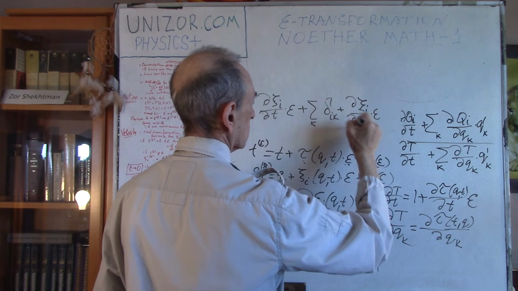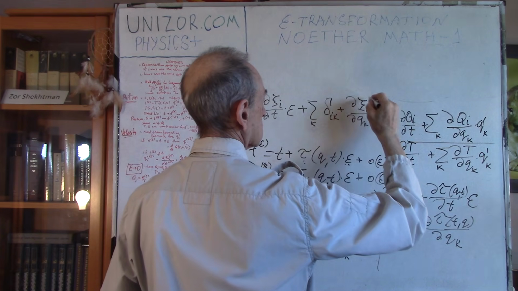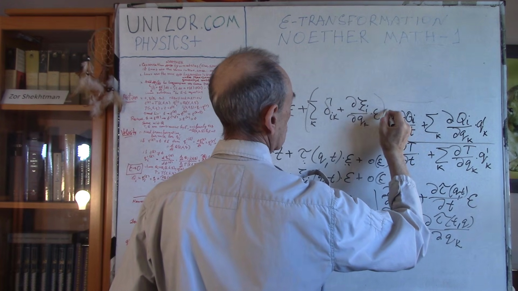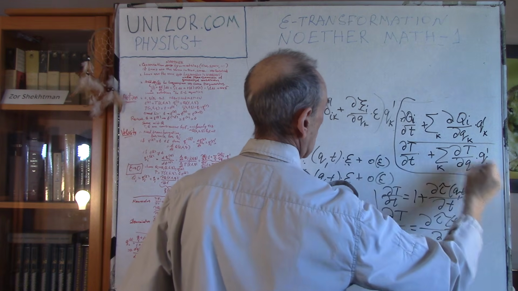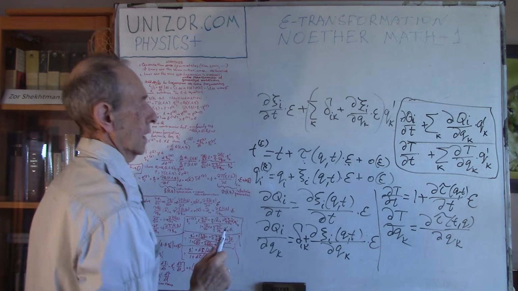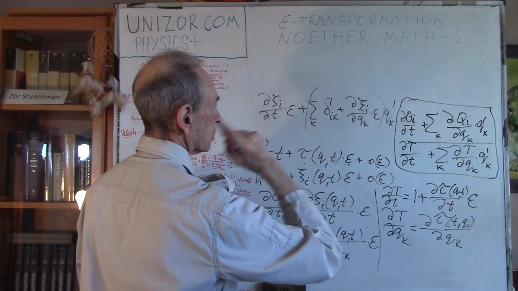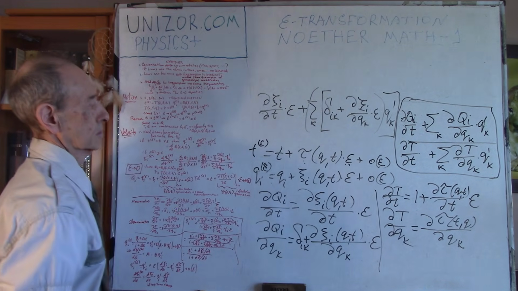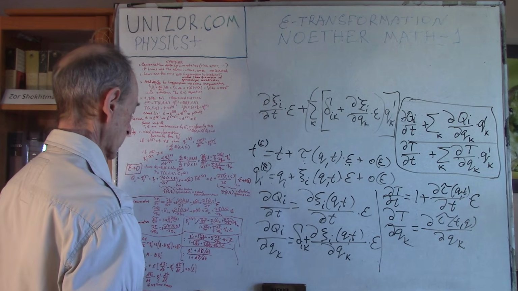Epsilon is only multiplied by this one. Okay, and this, and qk. Yeah, I didn't really need this bracket, so altogether it is in brackets like this. Okay, now I see. Now it's correct.